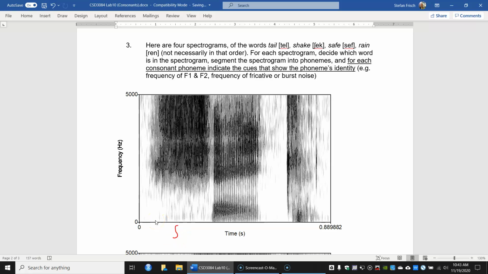Let's see. So I'll mark that as mid-frequency, maybe abbreviate it to not have this be so painful. Noise.